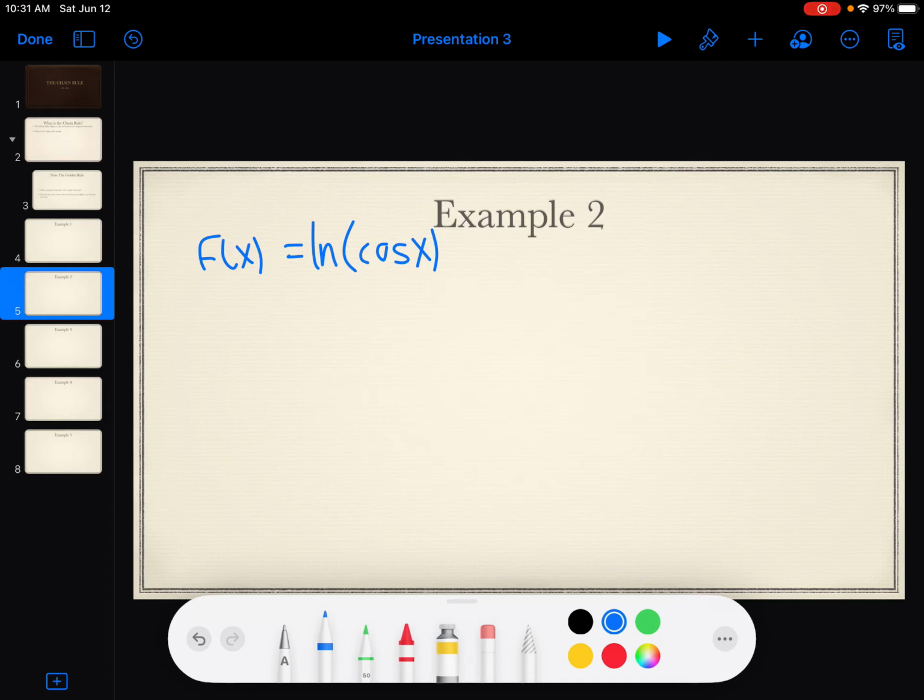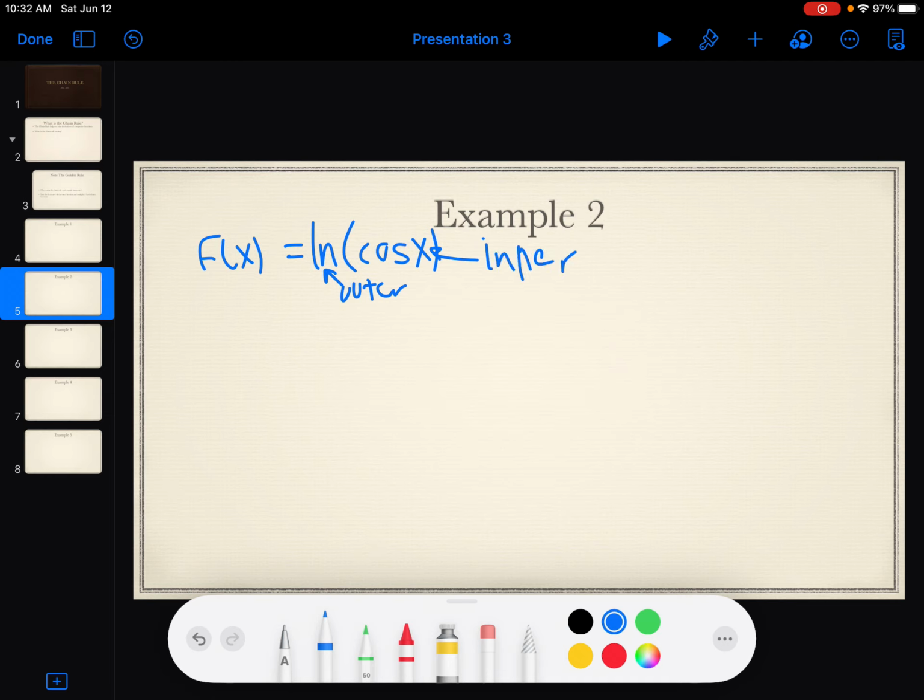So who's acting on who right now? Well, the ln function is acting on cosine x. So who's the outer function? The ln function, the logarithm function, is the outer function. This is our outer. And the cosine is our inner function.